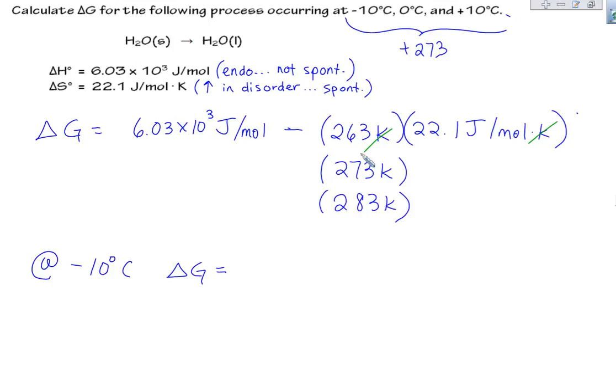Often they're kilojoules, but I'll deal with it. Okay, so I plug this in my calculator. 6.03 times 10 to the third minus 263 times 22.1. And I'd be looking at about 218 joules per mole. Hey, guess what? Delta G is positive. A positive delta G means this is not spontaneous.